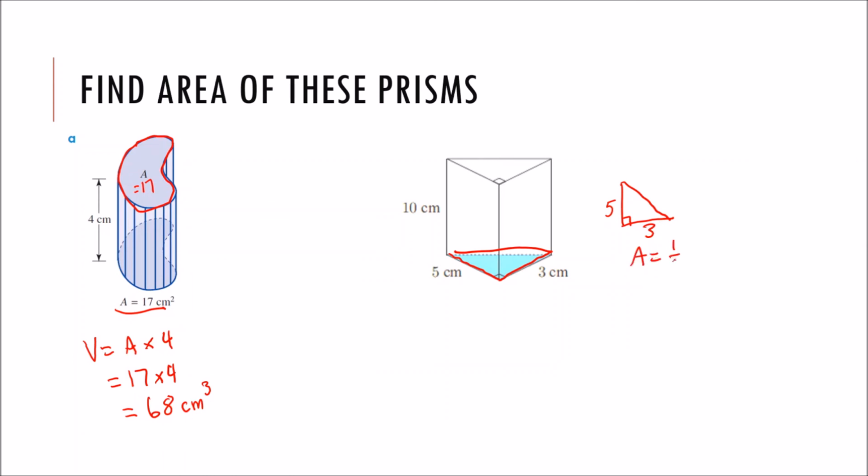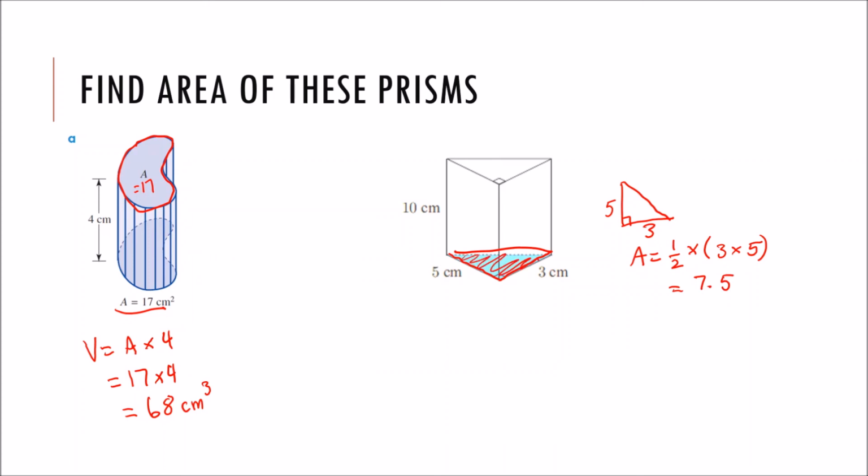Hopefully you remember that it's half times my base, so that's my 3, times my height, which was 5. Put all of that together and I get 7.5. So that's the area of this front face and the bottom.